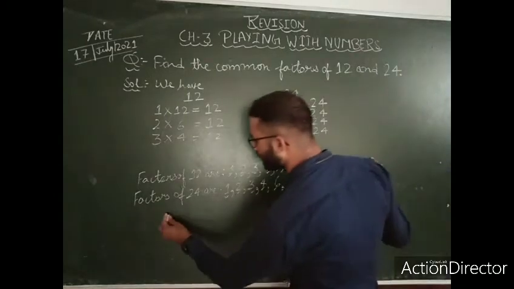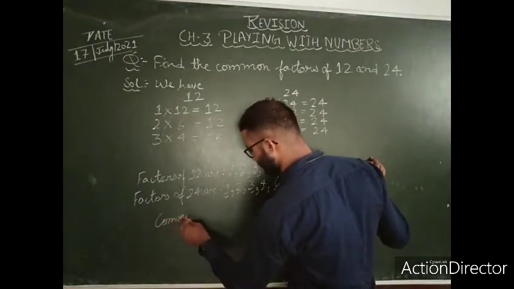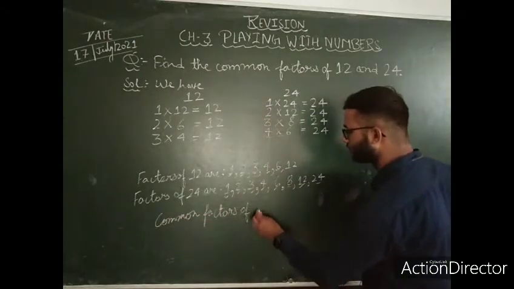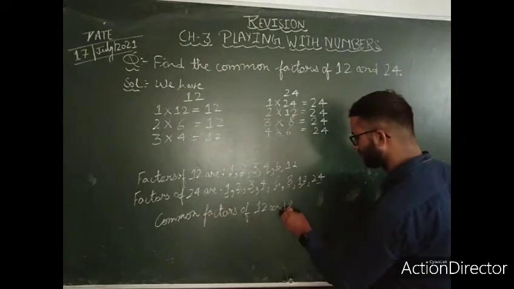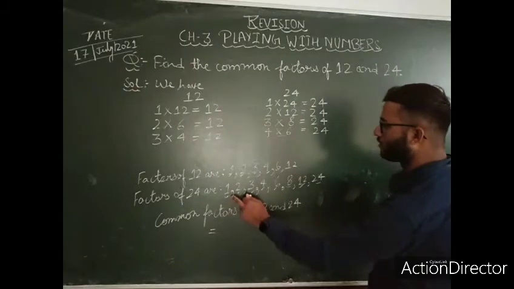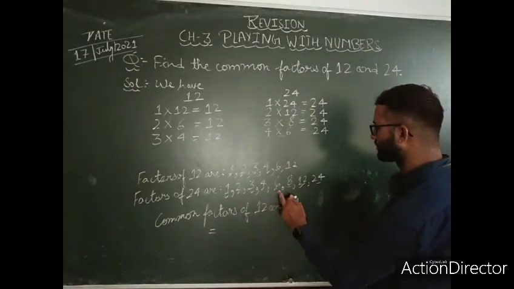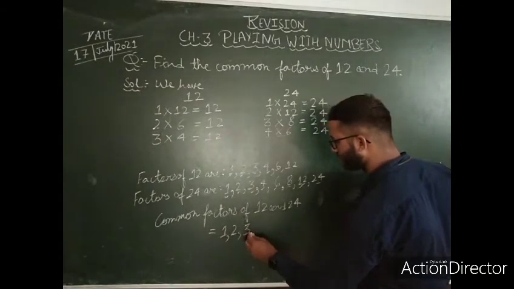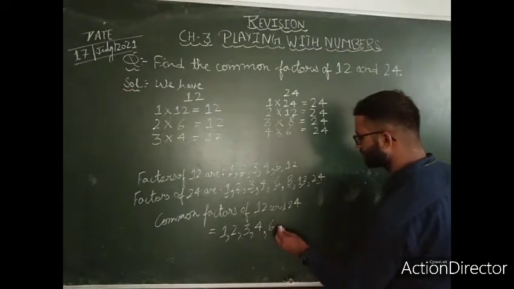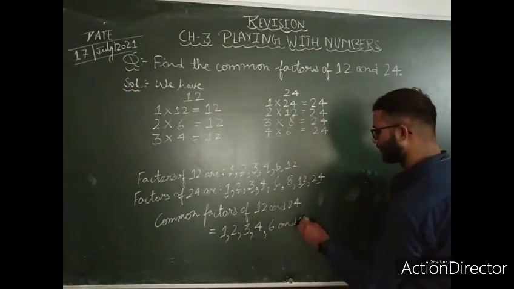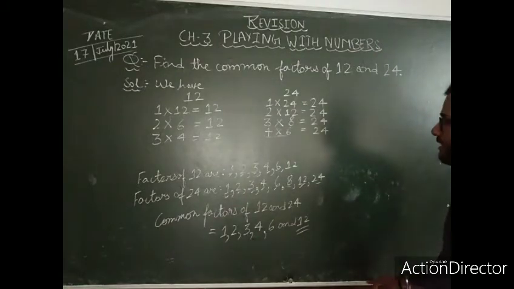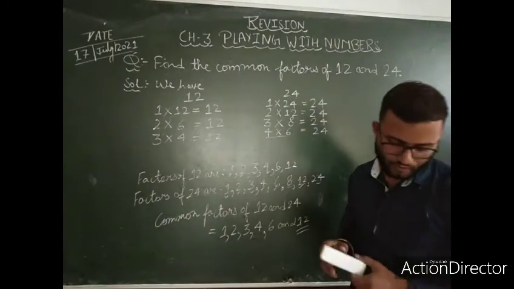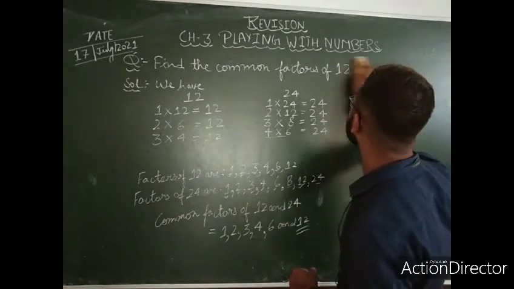So here we write common factors of 12 and 24 is equal to 1, 2, 3, 4, 6 and 12. These are the common factors of 12 and 24, right? Related to this, let's find the common multiples of the given numbers.